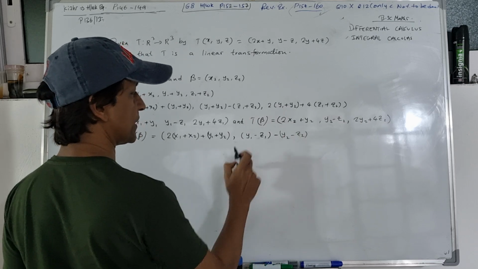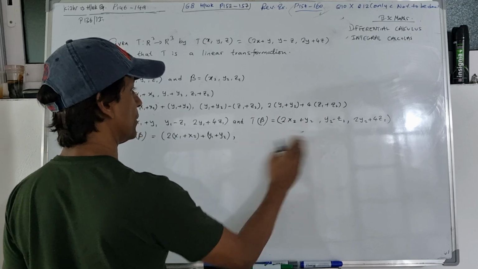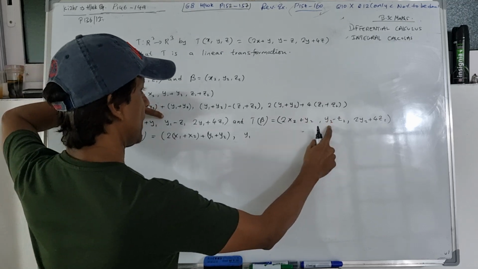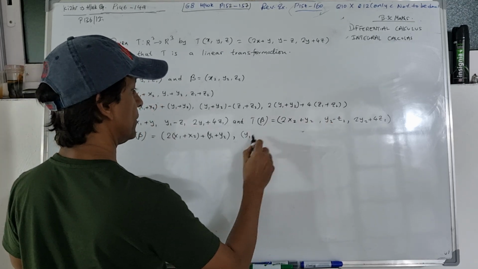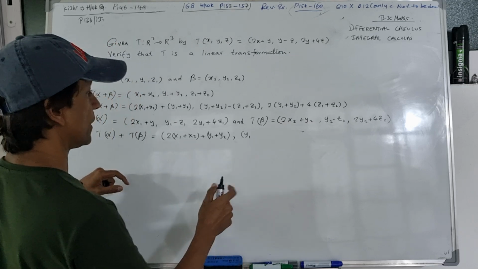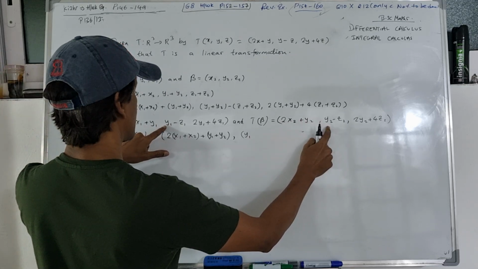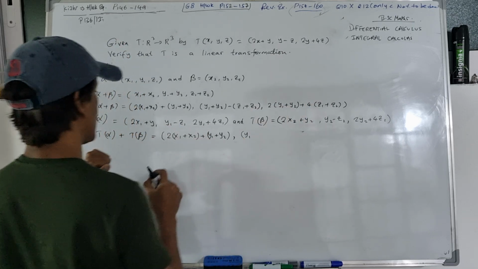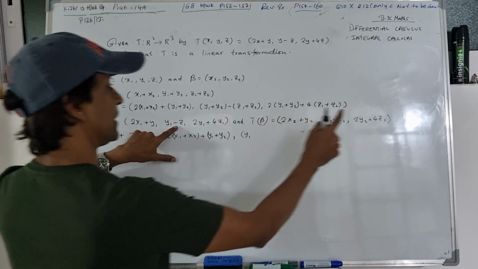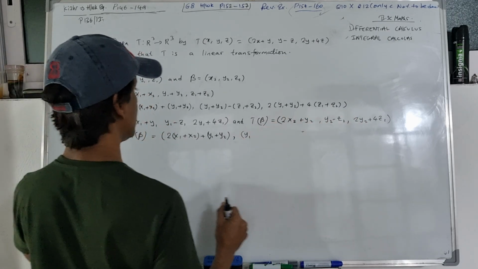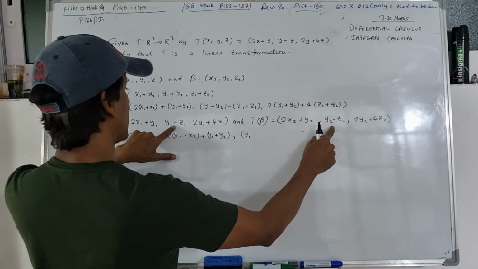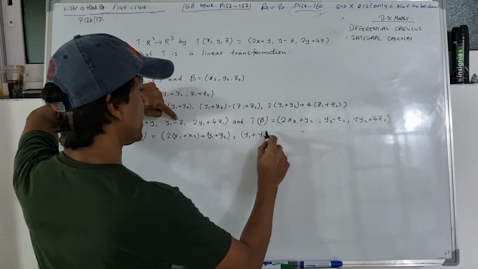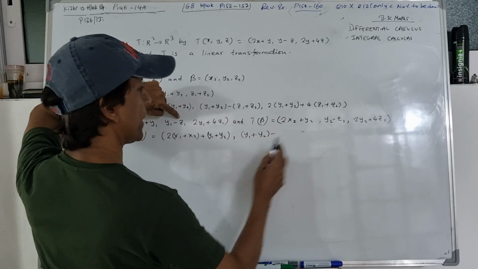If I want to simplify this, it's (y1 plus y2) minus (z1 plus z2).